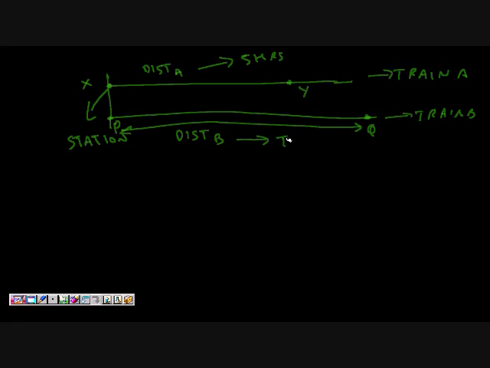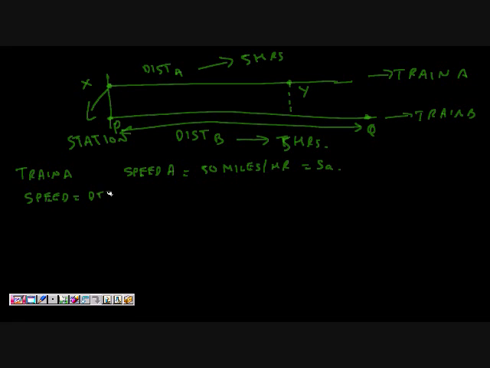Okay, now consider train A to start with. We know the speed of A is 50 miles per hour. So let's call that SA. And we know speed is defined as distance by time.